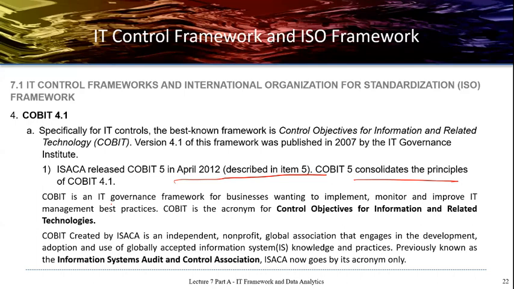COBIT is an IT governance framework for businesses wanting to implement, monitor, and improve IT management best practices. COBIT is an acronym for Control Objectives for Information and Related Technologies.